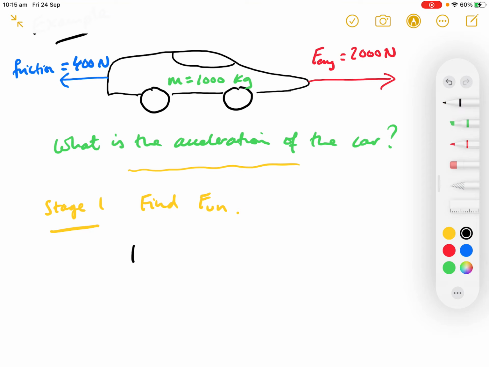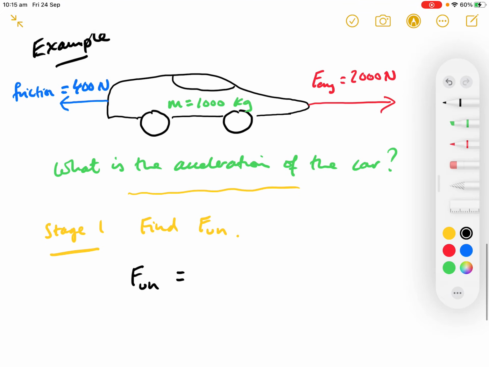Right, well, we find the unbalanced force by simply taking all the forces acting to the right and all the forces acting to the left, decide which ones are bigger. Now clearly the engine force is 2,000 newtons, that's bigger than the friction. So the car is going to be moving to the right.